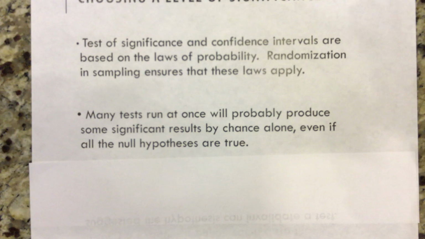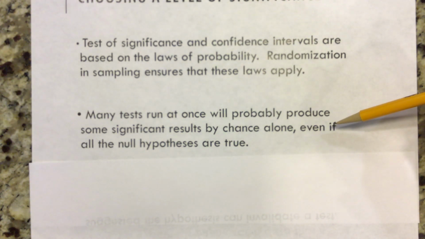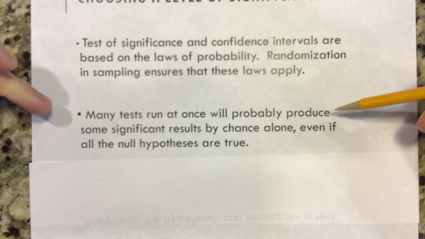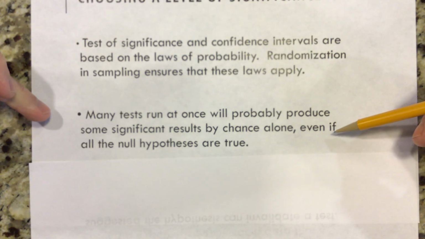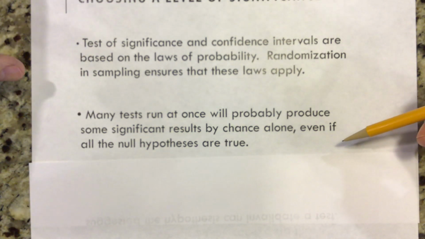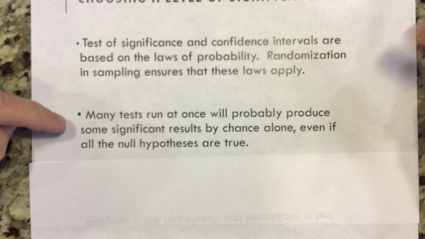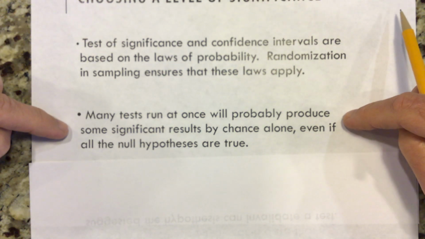So we can't just run a whole ton of tests and then cherry pick, oh yeah, these couple showed significant results, and then say, therefore, they're significant. No. If you're going to run a whole battery of tests like that, you then need to do a follow-up, collect a whole new set of data, and test only on that one item that you think could be a significant item here.